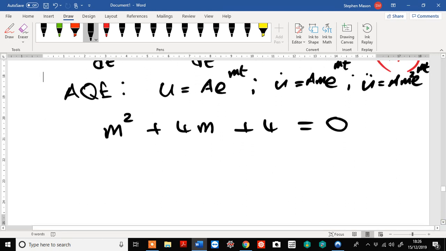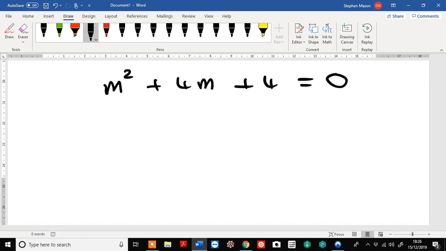Now, we'll go straight to using the quadratic formula. This is m is equal to minus b.